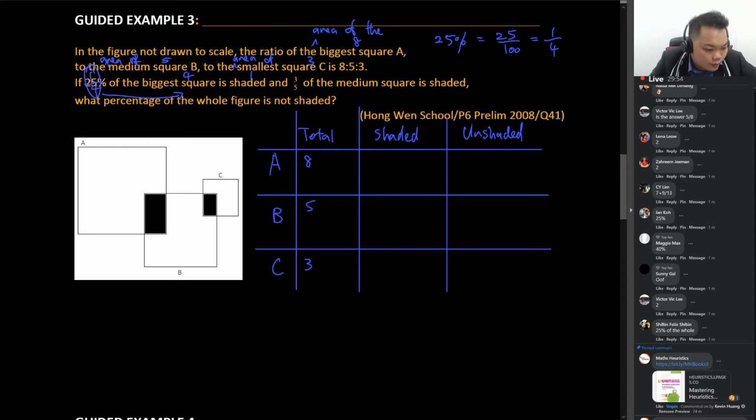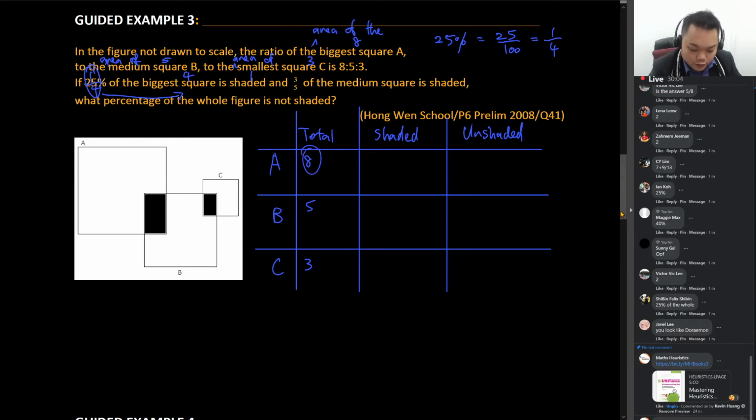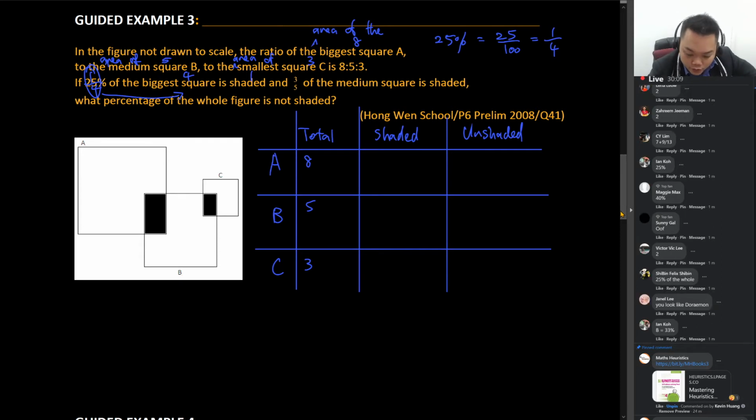Okay, 25% of the whole. Yeah, how many units would that be then? 25%, yes. But 25% of what? It's going to be 25% of 8 units, or 1/4 of 8 units, and that will be 2. So we can say that 2 units over here will be shaded, correct?